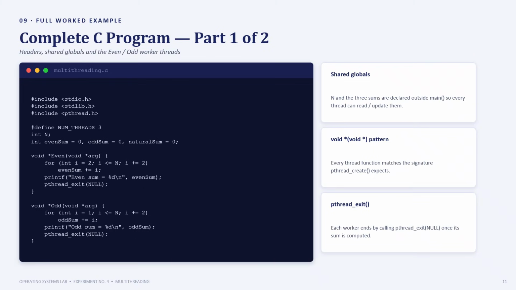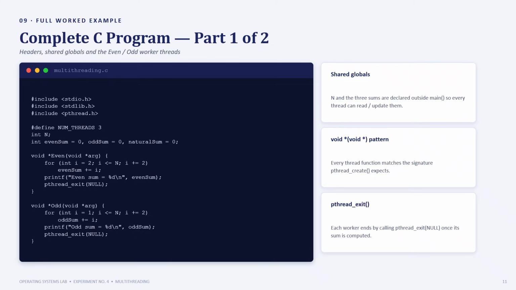We also declare some global variables: n, even_sum, odd_sum, and natural_sum. Notice these variables are declared outside the main function, at the top level. Why global? Because all 3 threads need to read and update these same variables, so they must be shared common variables.